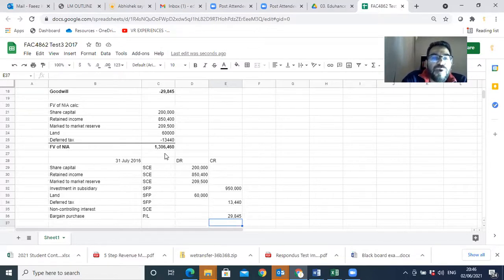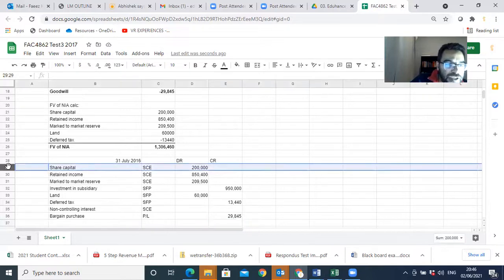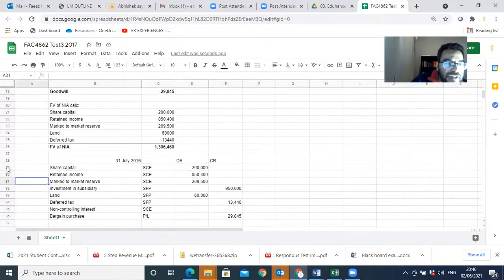So in the parent's books, they would just have 160 plus the 760. From a group perspective, the group would have done the following journal entry.